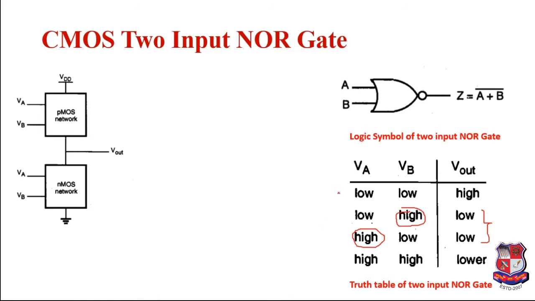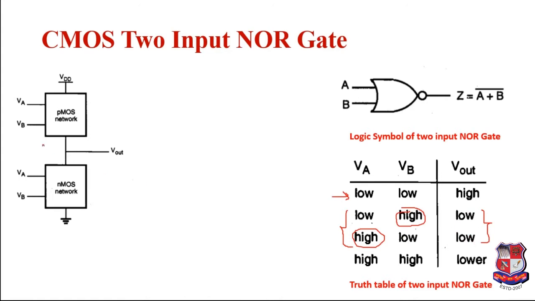From this truth table, we can say that if both the inputs are logic 0, at that time our output should go high. This first input condition tells us that our PMOS network can be in series or in parallel. But if we observe these two input conditions, that means if one input is logic 0 and the other is high, or one input is logic high and the other is logic 0, at that time our output should be logic 0.